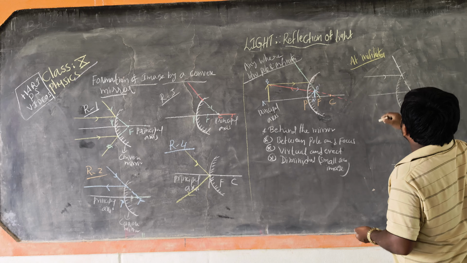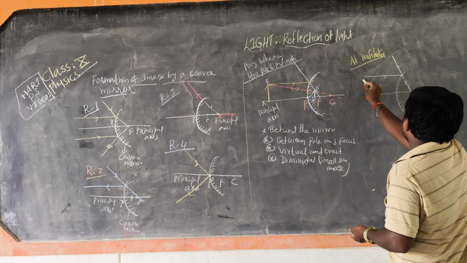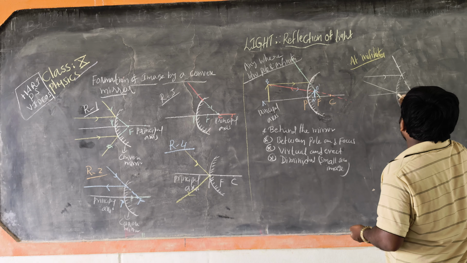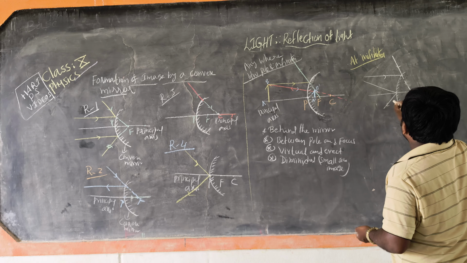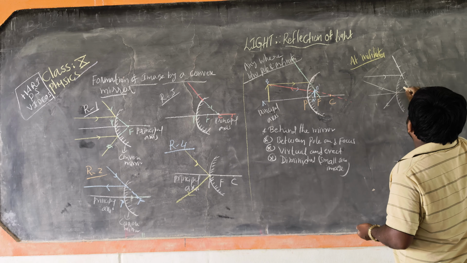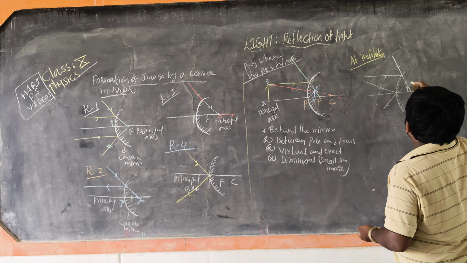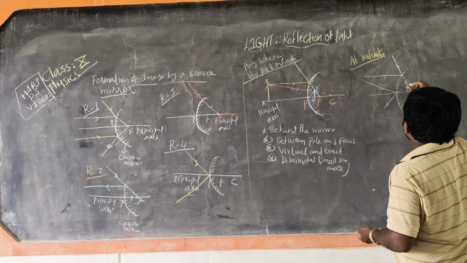Reflected ray, incident ray. Then if the light ray makes some angle with the pole, after reflection the image is formed here.